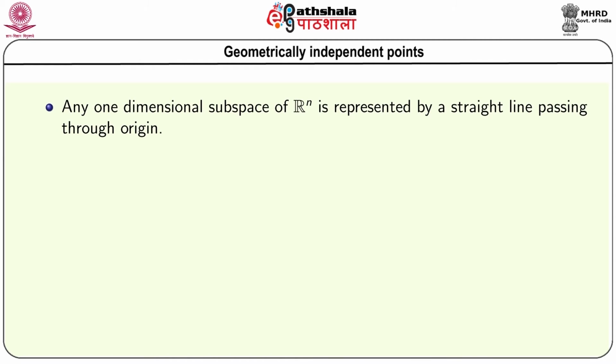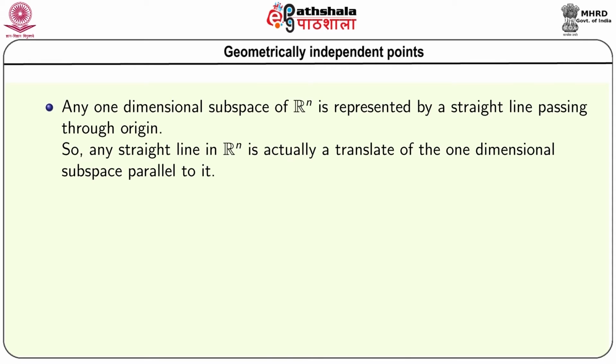Now, it is always known that any one dimensional subspace of Rn is represented by a straight line passing through origin. So, any straight line in Rn can be viewed as a translate of the one dimensional subspace parallel to it.